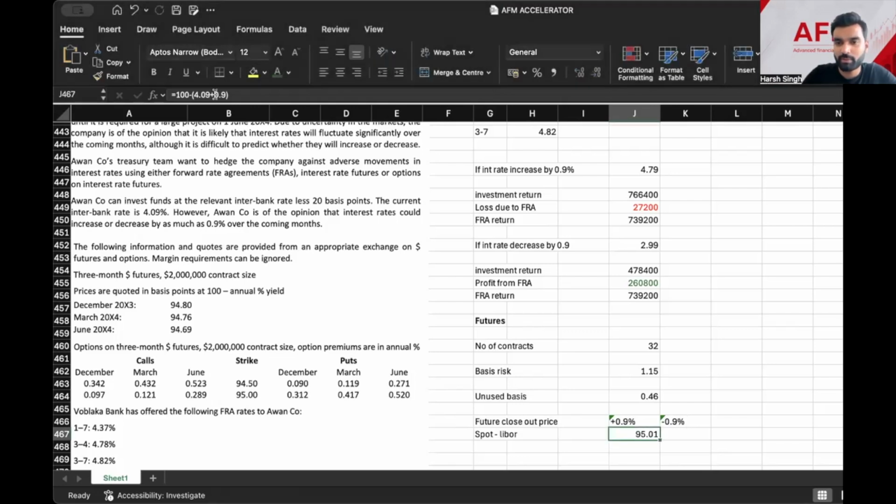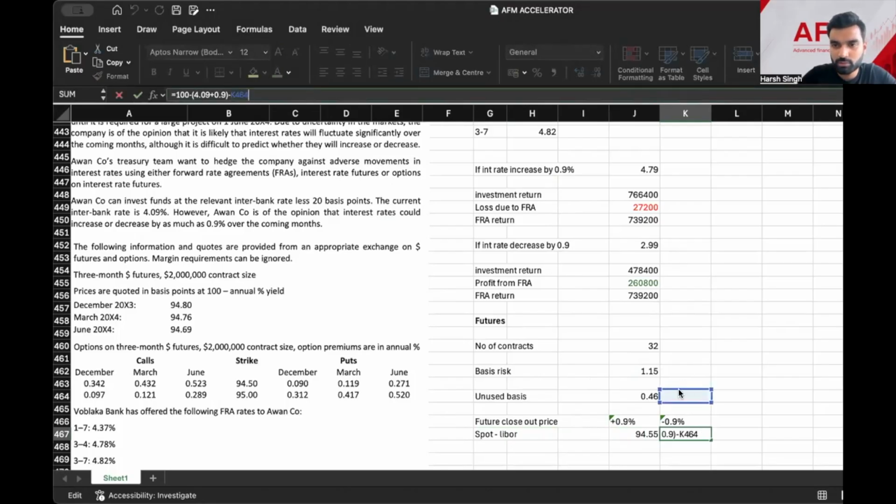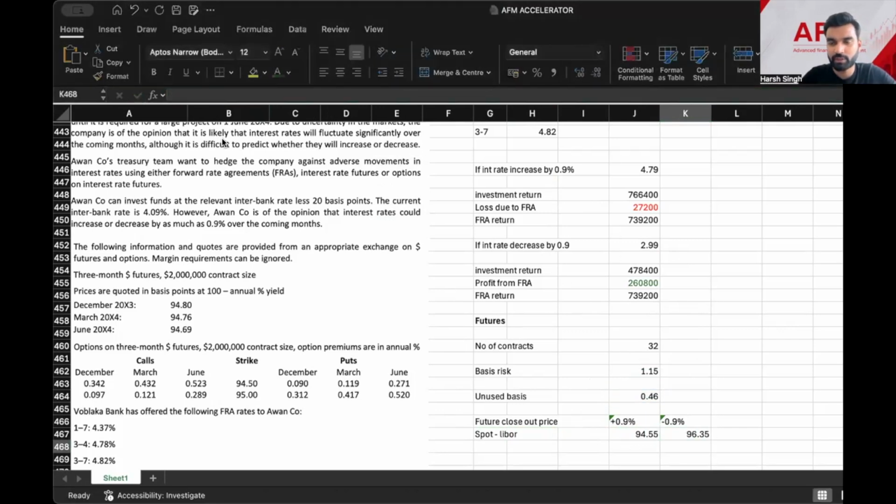95.0. Sir, do we not take unused basis? I do that, I thought let's do it here. Unused basis minus, minus unused basis, 94.55. Over here we have to do the same thing. I will copy and paste over here, and over here 0.9 will be negative. 96.35.